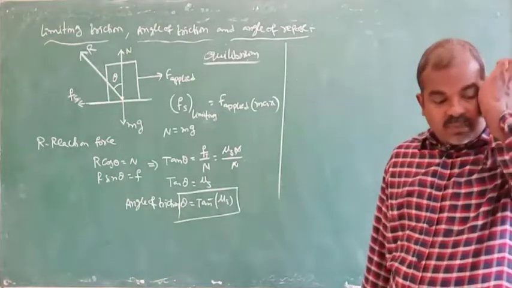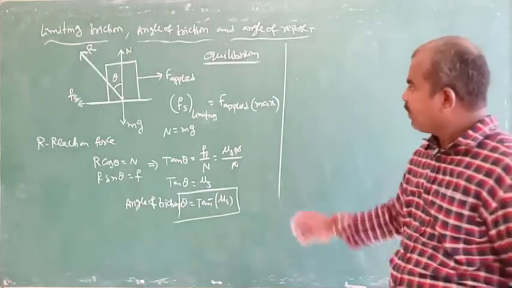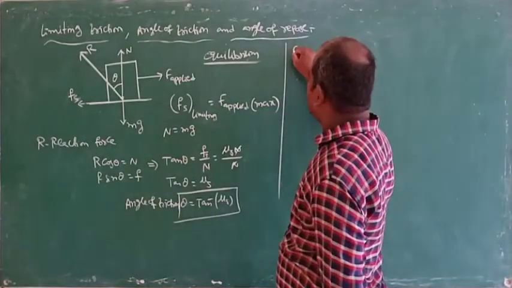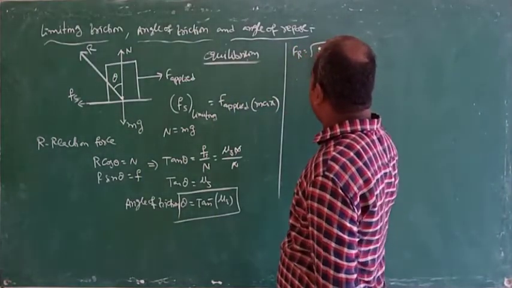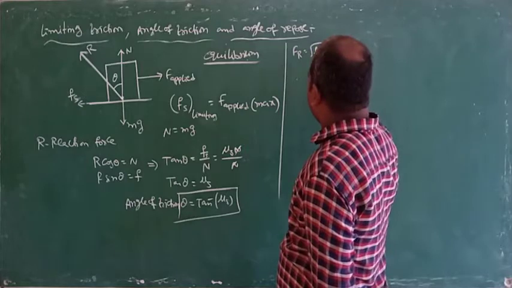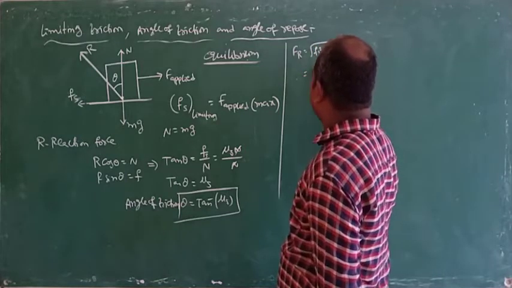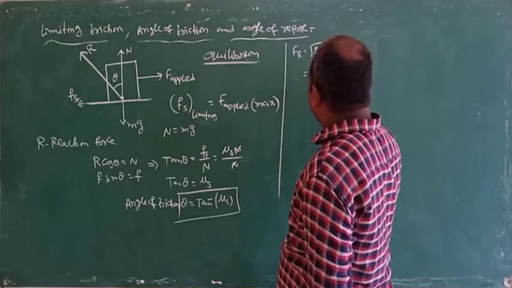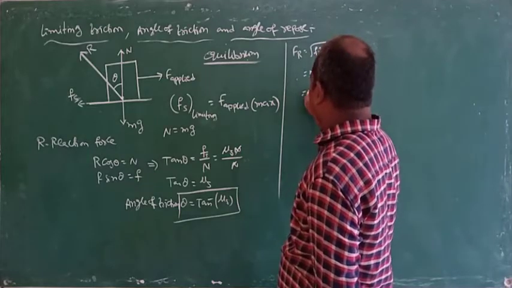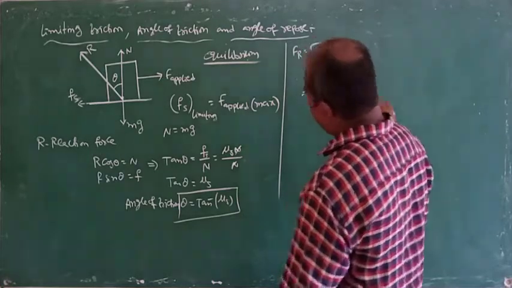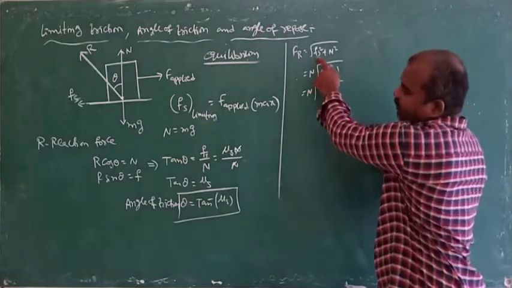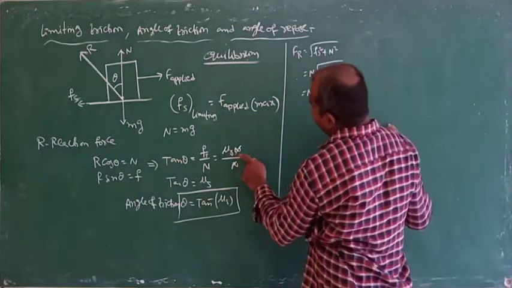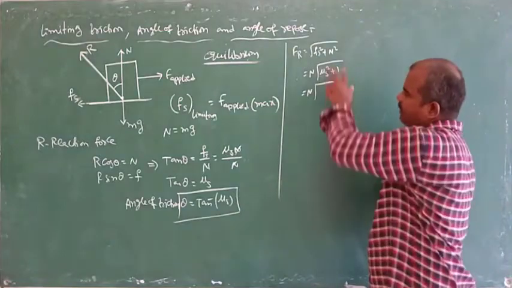Now here the reaction force Fr is equal to root over Fs square plus N square. Here N is taken as the common, root over mu s square plus 1, because Fs is equal to mu s into N. Already in the previous class we discussed.